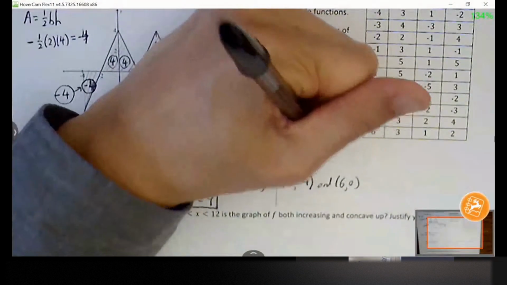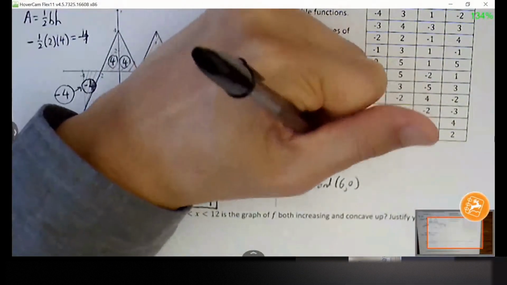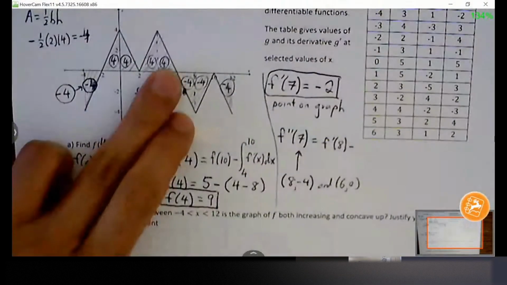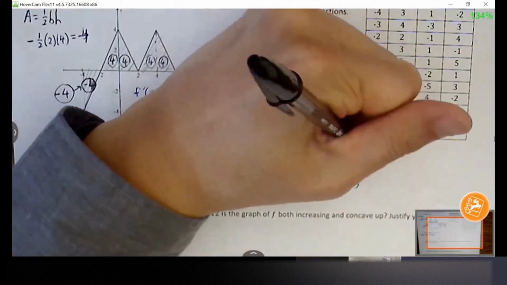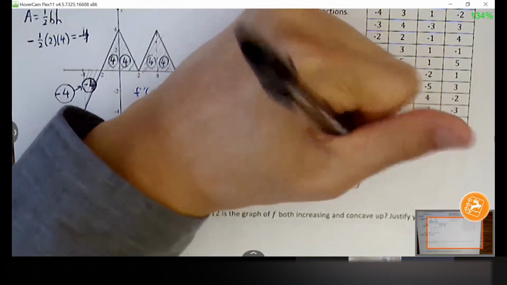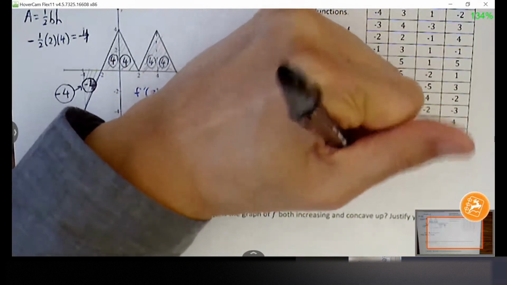I'm just going to walk through the steps here. If we were to pick off some ordered pairs, I'll choose (8, -4) and (6, 0). But if you just count and not show the work, that's fine as well.